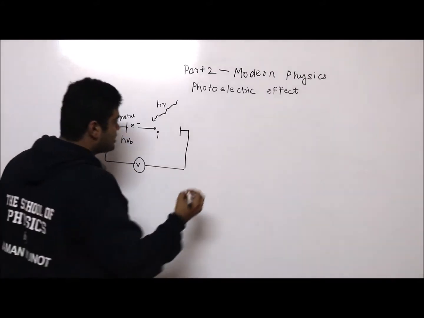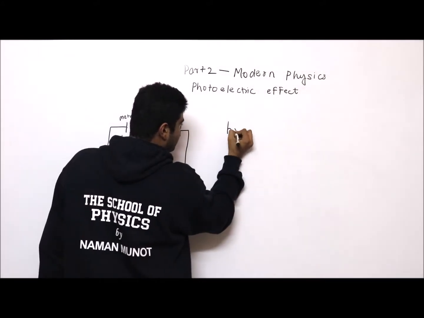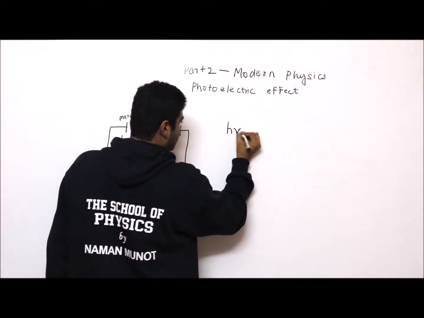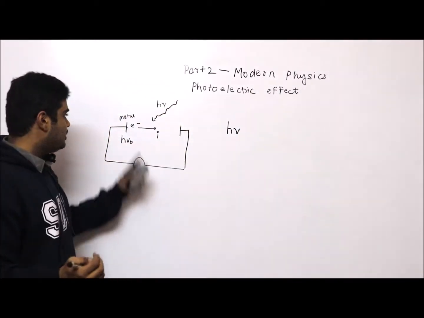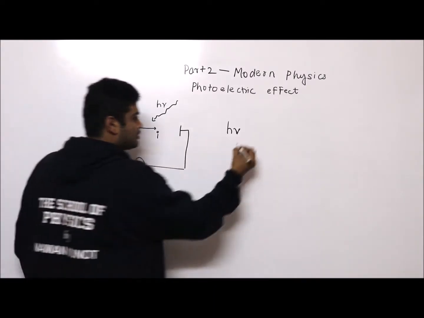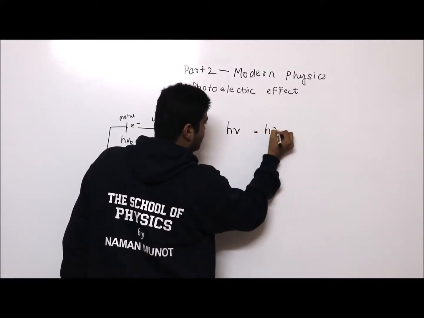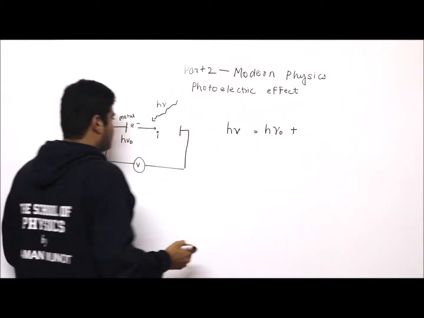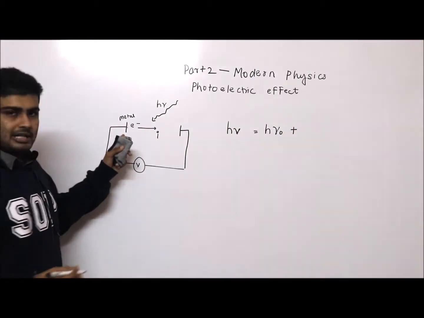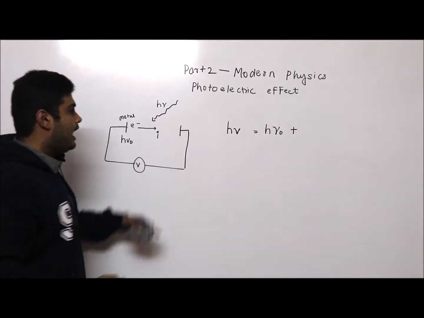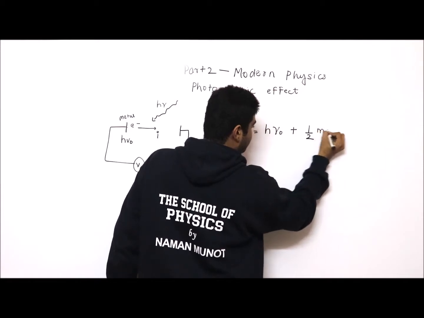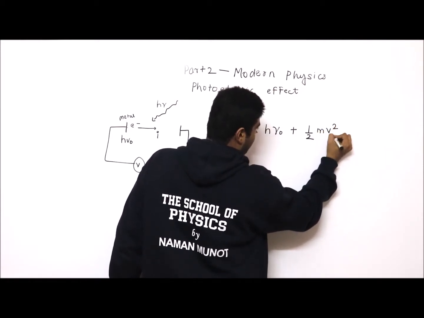So what happens is, the h nu energy of the photon, when it goes onto the metal plate, h nu naught energy is absorbed to release the electron from the plate, and then the rest of the energy is the kinetic energy of the electron.